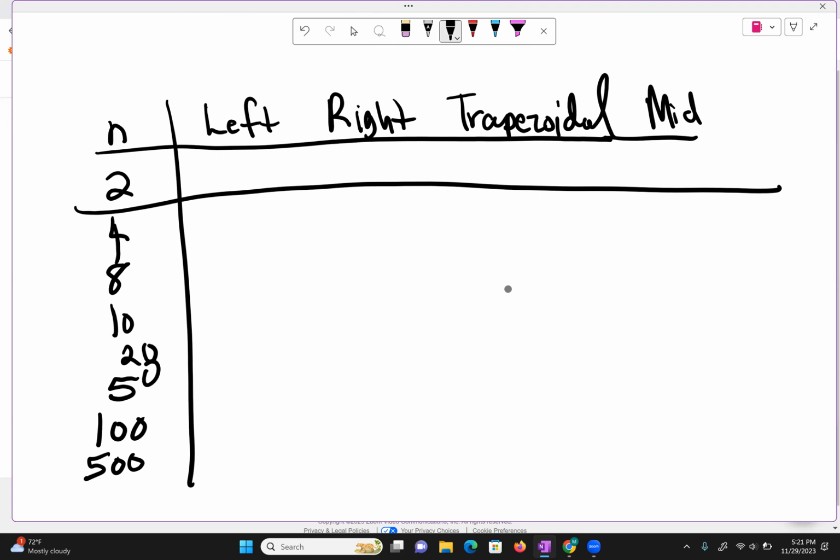From the left side, you get 3.721. From the right side, you're getting 1.7321. From the trapezoidal, you're getting 2.7321. And from the midpoint, you're getting 3.2594. And so we repeat this process now.